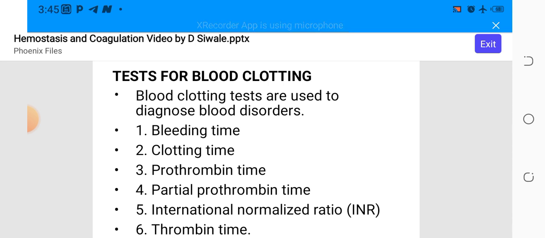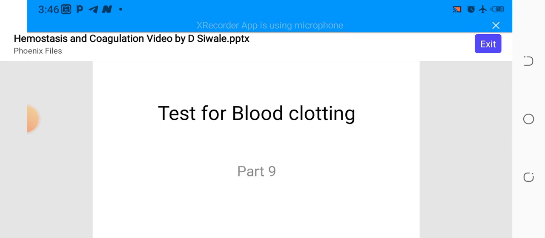So you can measure bleeding time, clotting time, prothrombin time, partial prothrombin time, and you can also measure the international normalized ratio, which is called INR. You can also measure thrombin time. So let me explain these things one by one.